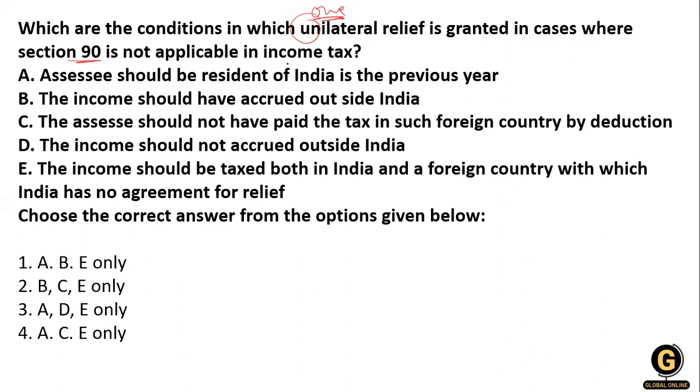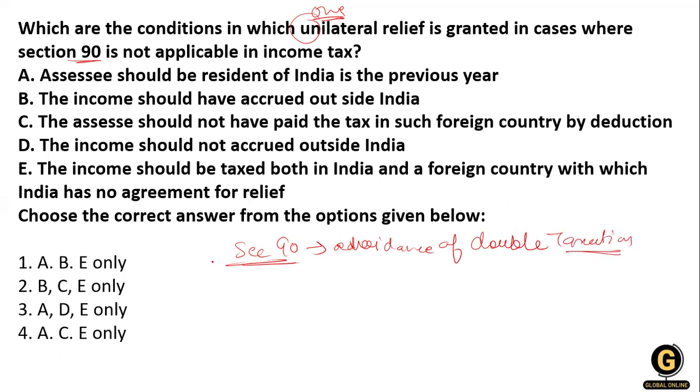Section 90 is for relief against double taxation, for the avoidance of double taxation. So section number 90 is for avoiding double taxation.